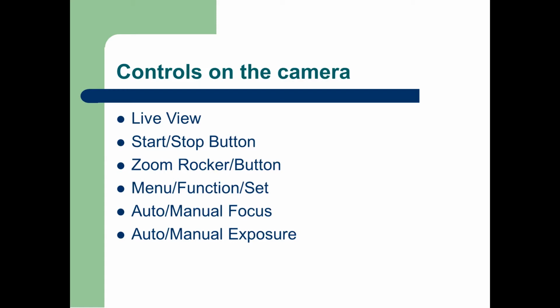The auto manual focus. Well, let me give an example of this. Let's say you are videotaping a lecture. If you're on autofocus and someone walks between the camera and the speaker, the focus will change. So it's best to use manual focus for this type of situation.